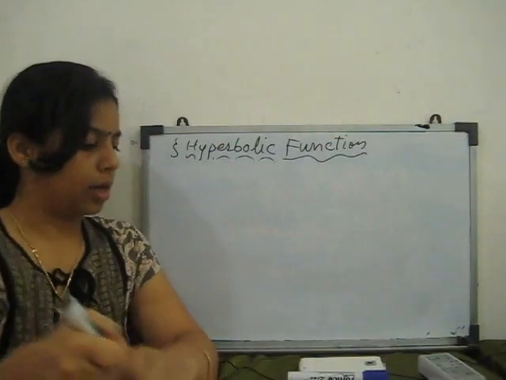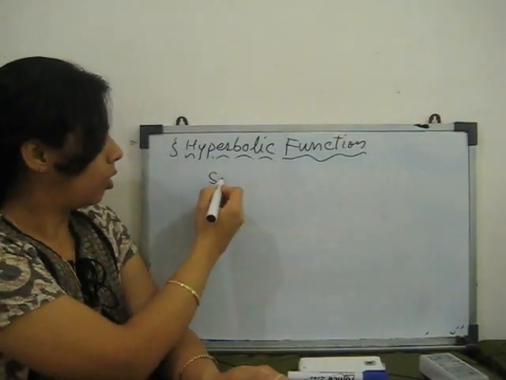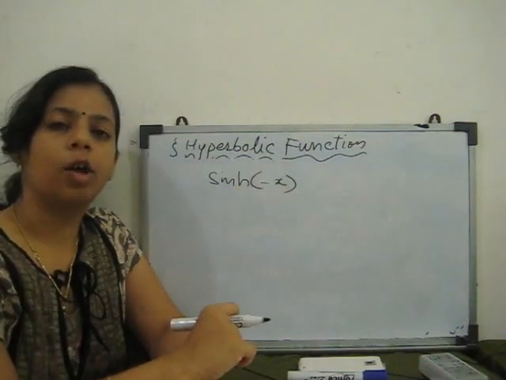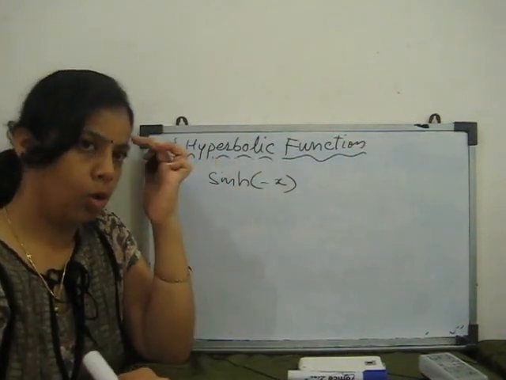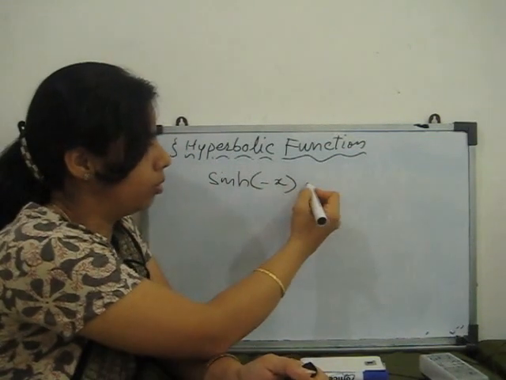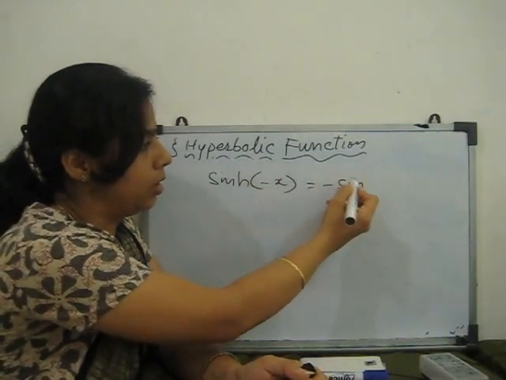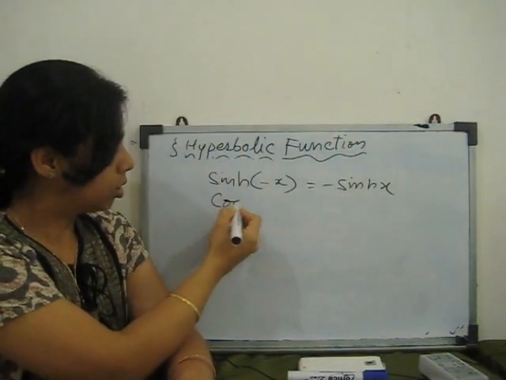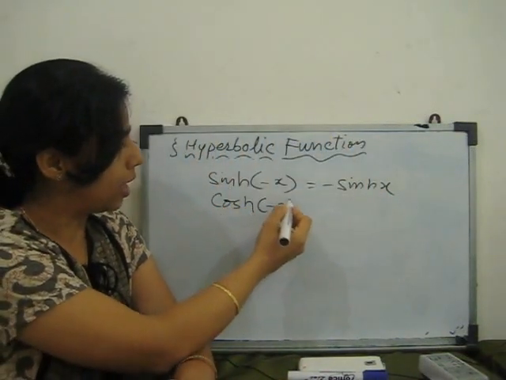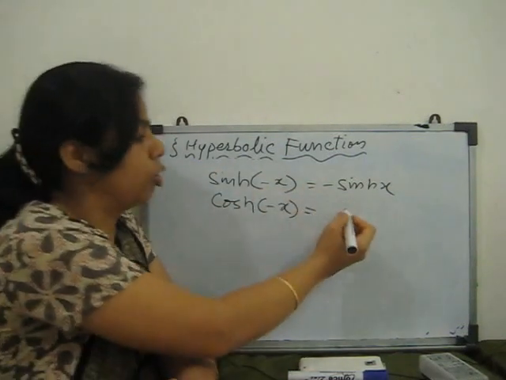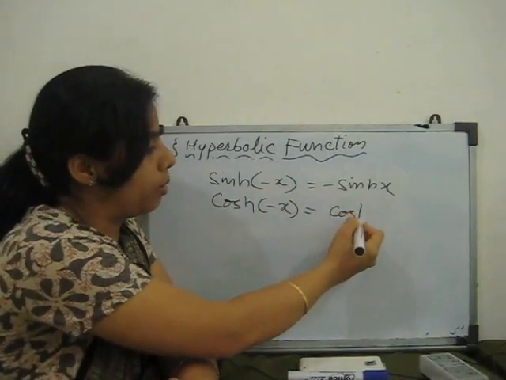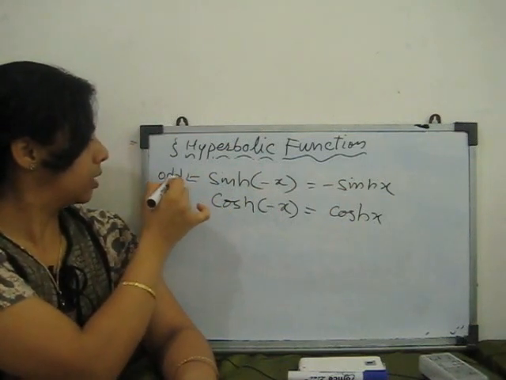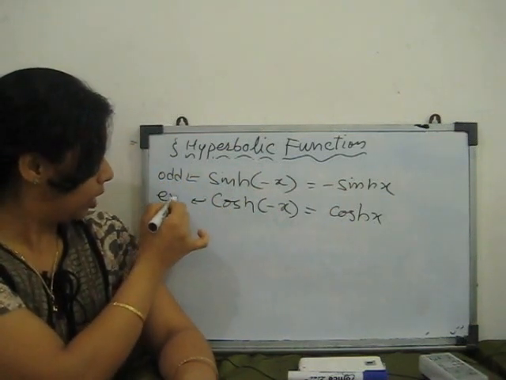Those relations are: sine hyperbolic of minus x, like sine of minus theta, everybody knows, is minus of sine hyperbolic x, and cos hyperbolic of minus x is the same as trigonometrical cos, that is cos hyperbolic x. So this one is an odd function and this one is an even function.